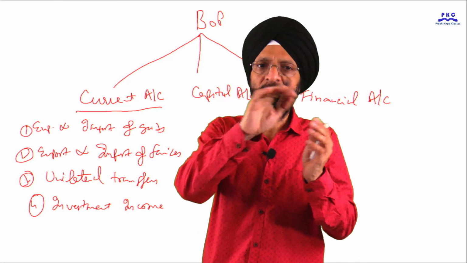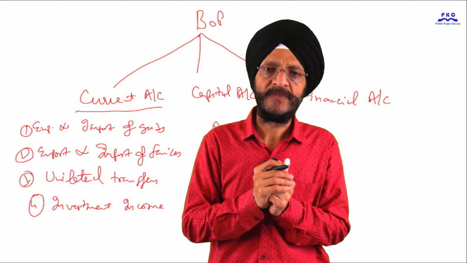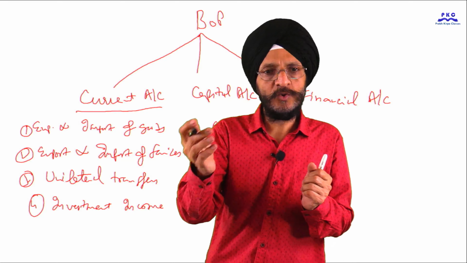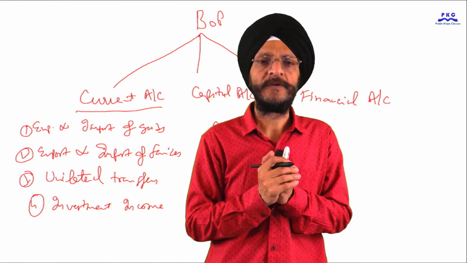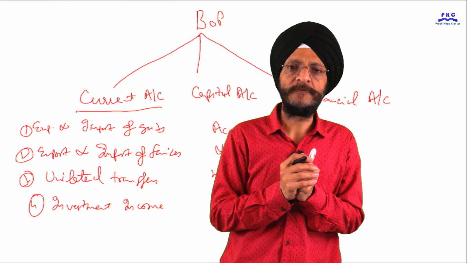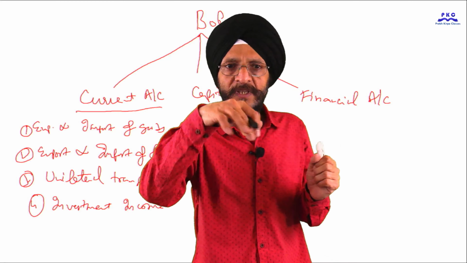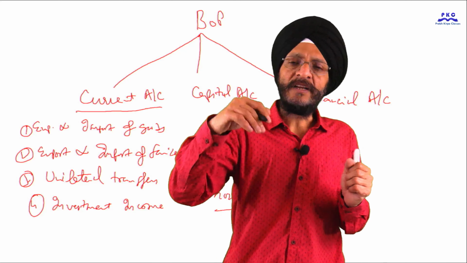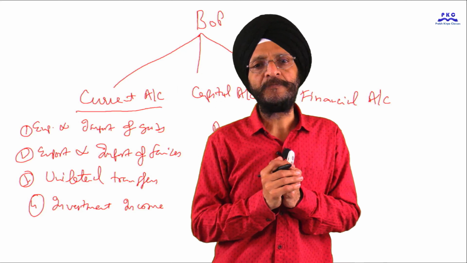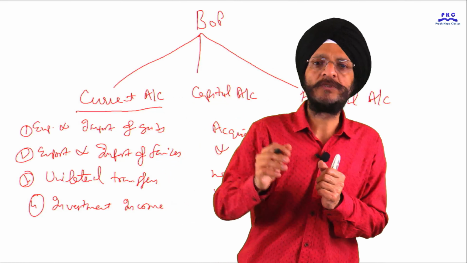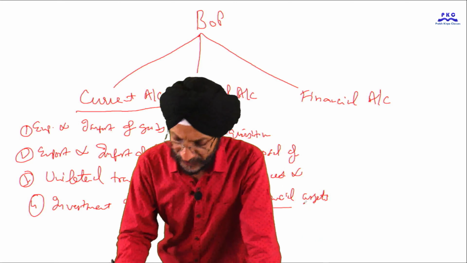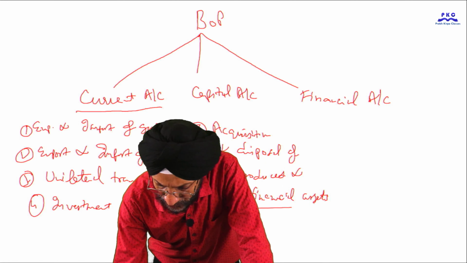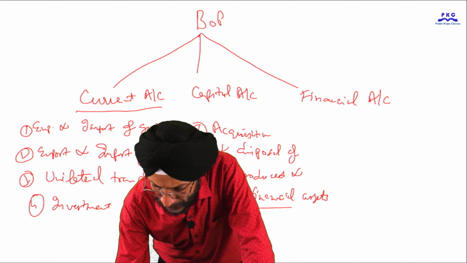Examples of non-produced and non-financial assets are land. We also take into consideration in capital account fishing rights, mining rights, other natural resources, and intellectual properties such as trademarks, logos, and domain names. In the case of capital account, we also record transactions pertaining to capital transfers.